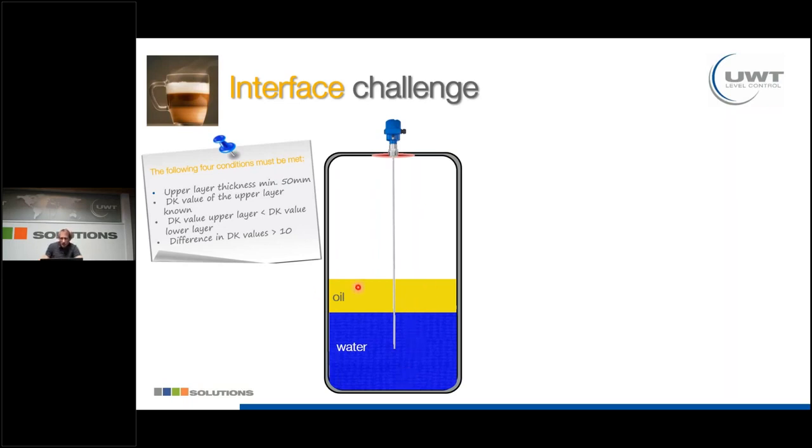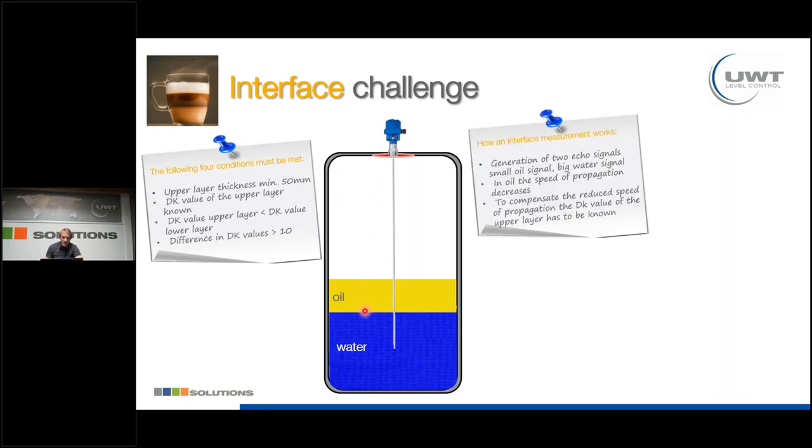Here oil normally has a decay value of 2, water is 80. So this is a typical interface application where TDR sensors can be installed perfectly. What happens? We generate 2 echo signals, one small from the oil surface and one greater from the water surface. The speed of propagation reduces inside the oil layer, and when it reaches the air it changes again.